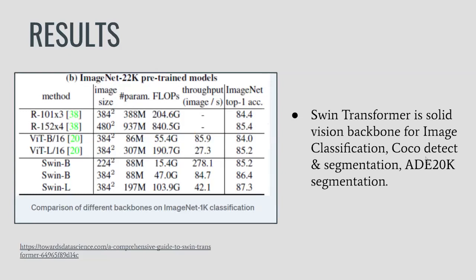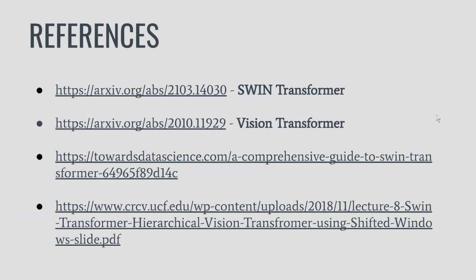The Swin transformer is probably the most exciting piece of research, obviously followed by the vision transformer. And as far as I am concerned, it is really an exciting piece of research because it uses the concept of hierarchical feature maps and shifted window MSA.